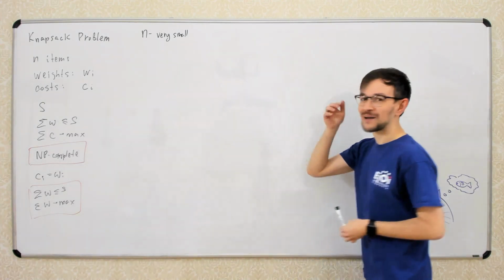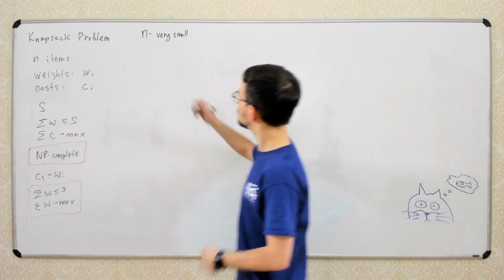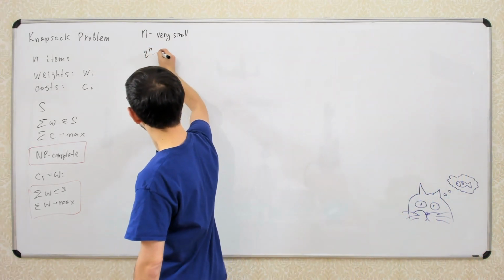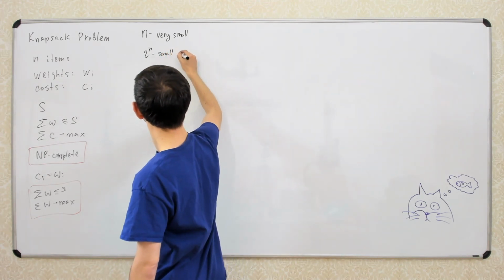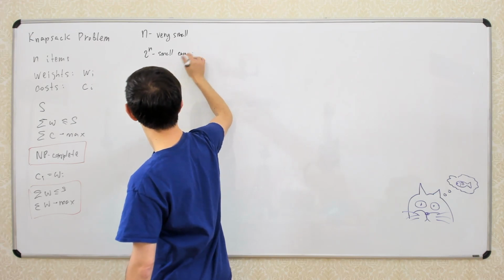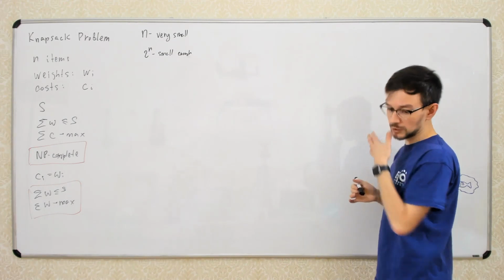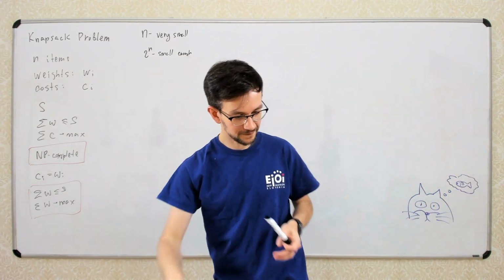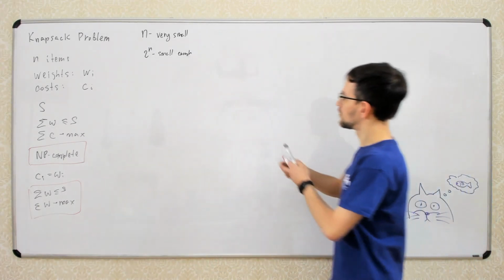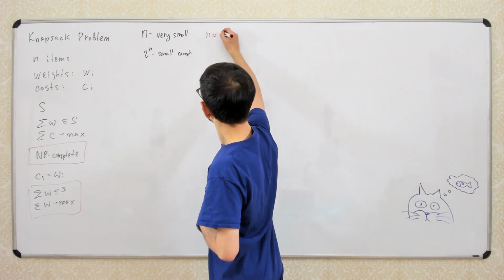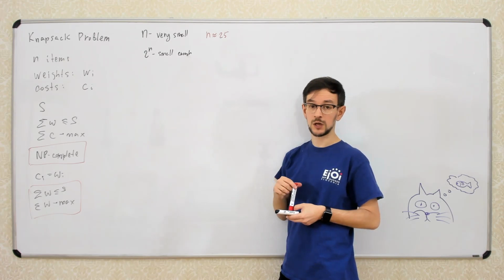Okay, now let's go back. So what happens if n is very small? What I mean by very small is, for example, if 2 to the power of n is small enough. Let's say, if n is about 25, then 2 to the power of n will be about 32 million.